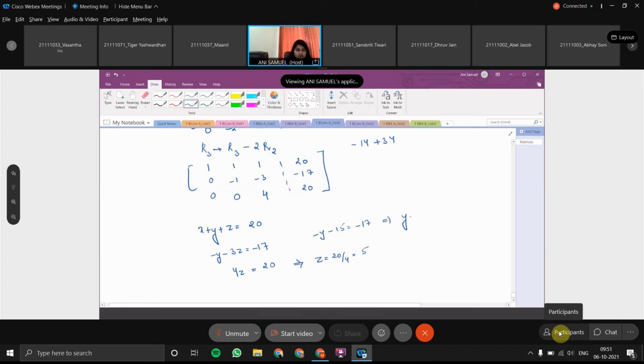This implies y is equal to 2, right? And then x plus 5 plus 2 is equal to 20. This implies x is equal to 20 minus 7, 13. So I have got x is equal to 13, y is equal to 2, and z is equal to 5. Right, everyone?